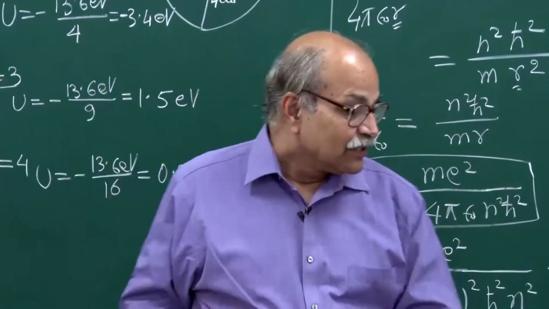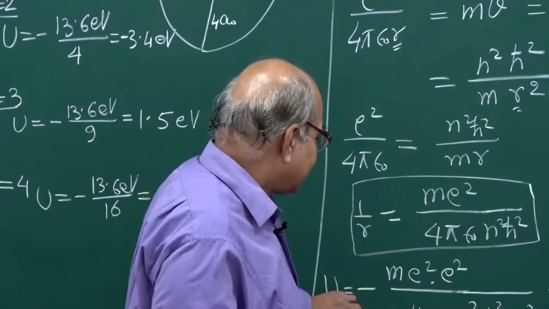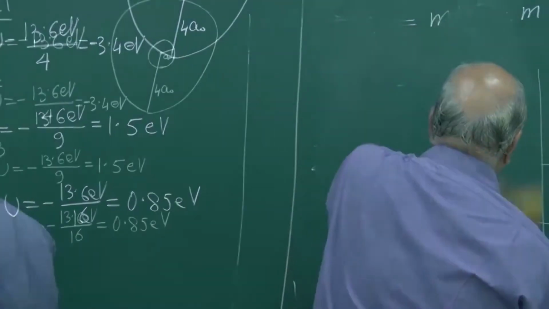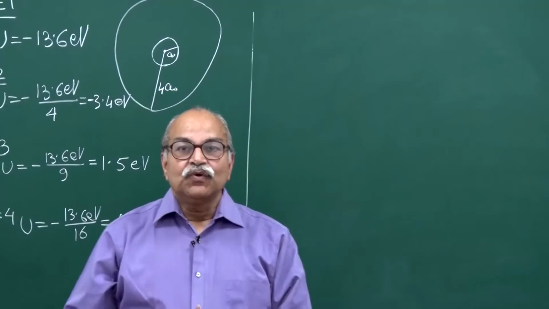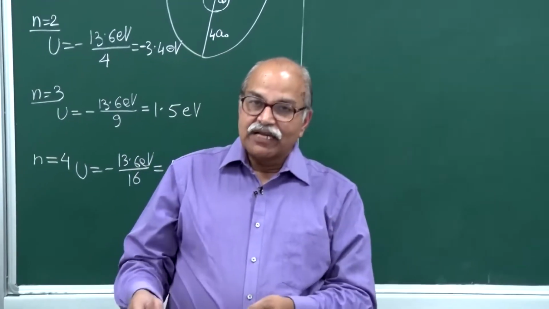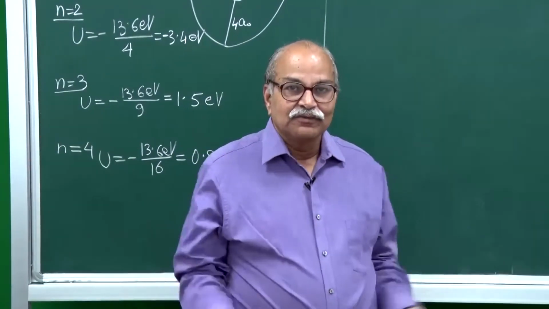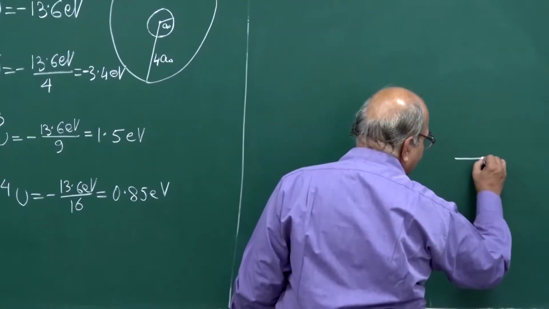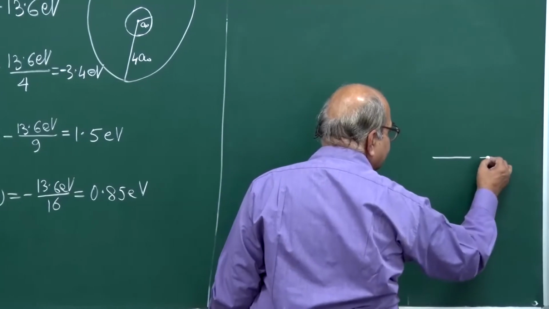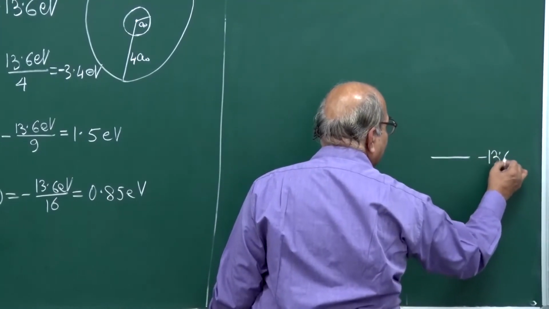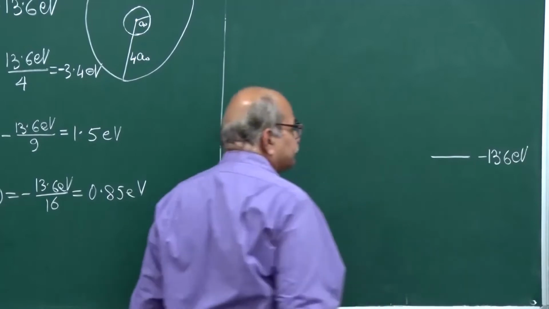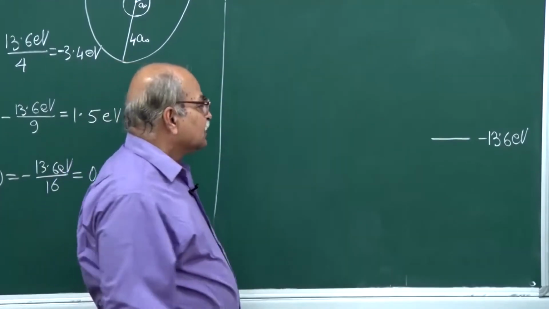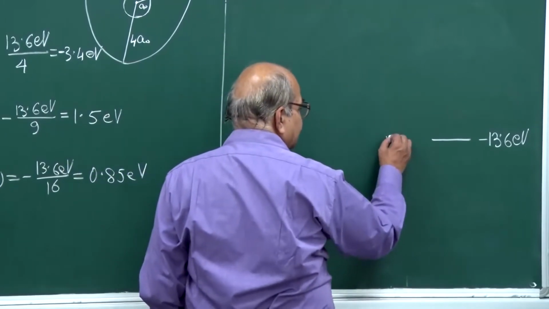So let me draw another picture. I will show all these energy levels just by drawing lines, which is how it is traditionally done. We draw a horizontal line and say this represents minus 13.6 eV. In the vertical direction energy is going up. This corresponds to n equal to 1.